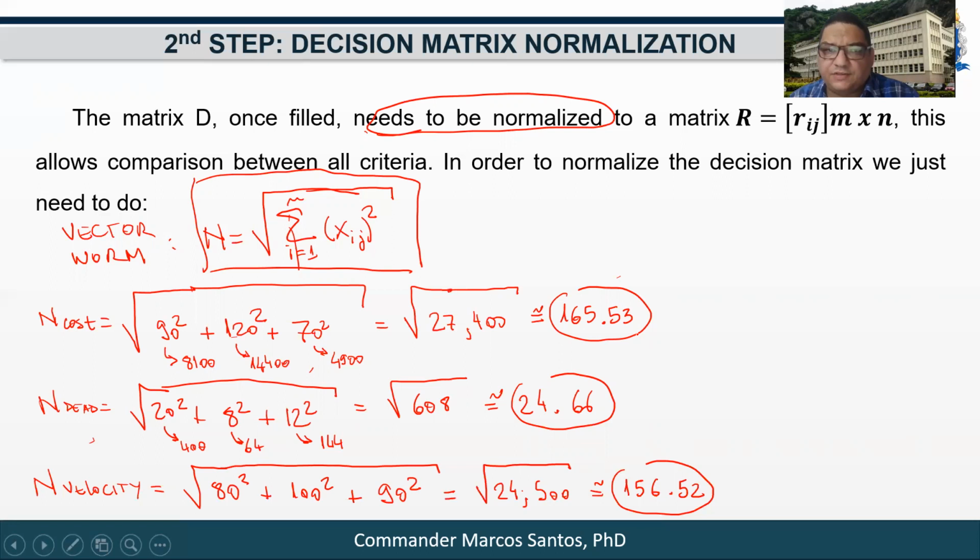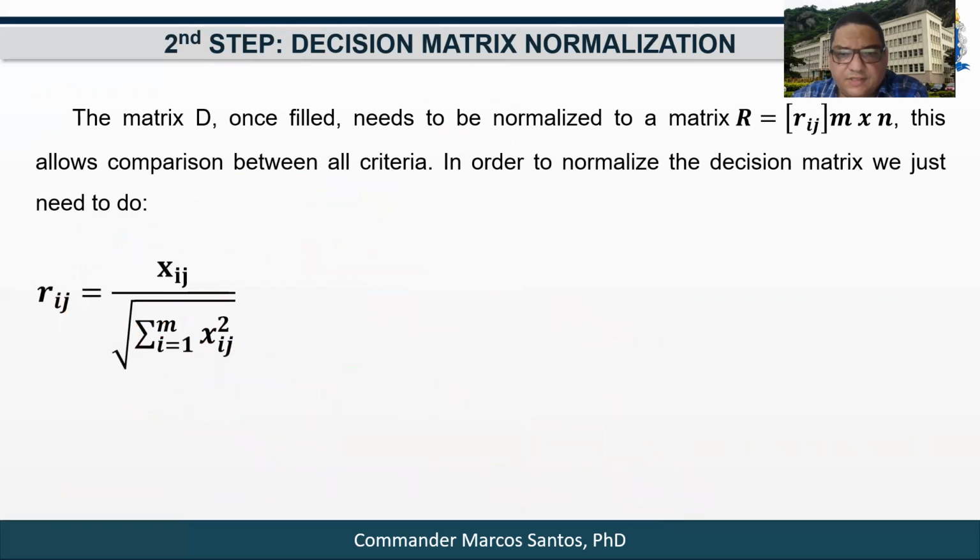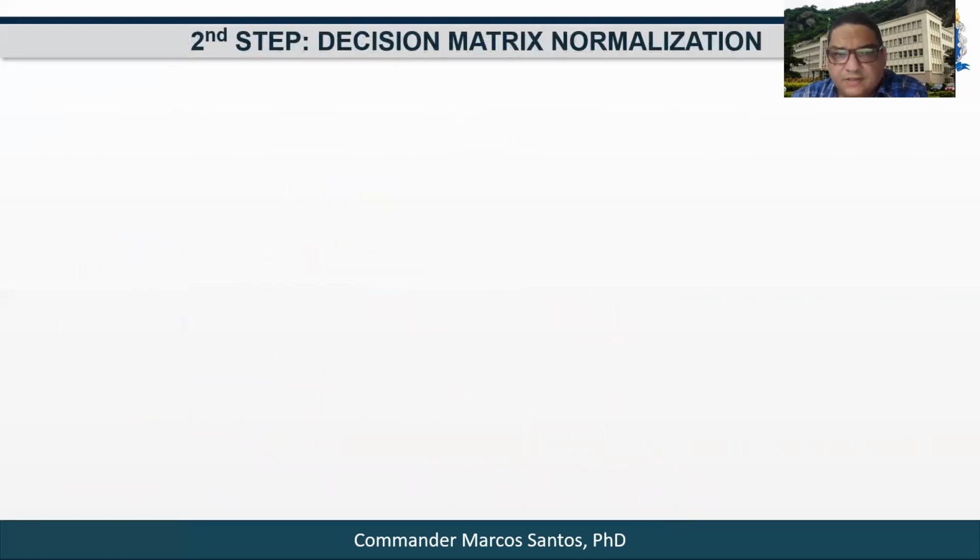I didn't finish the second step. I just calculated the vector norms. I haven't calculated the normalized decision matrix yet. So let's continue the second step.